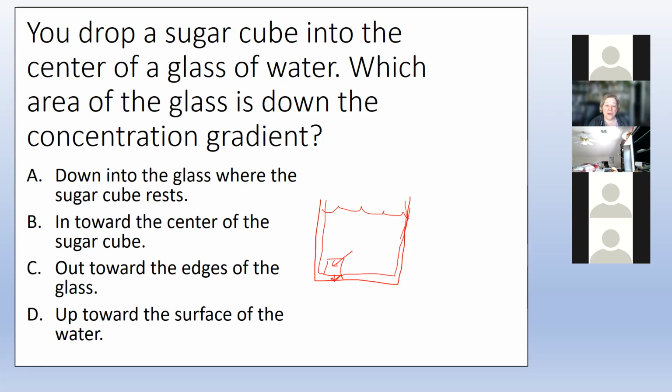No, they're not going to go back into the center. That's up the concentration gradient. That's swimming upstream. What about out toward the edges of the glass? Is it going to go more this direction?